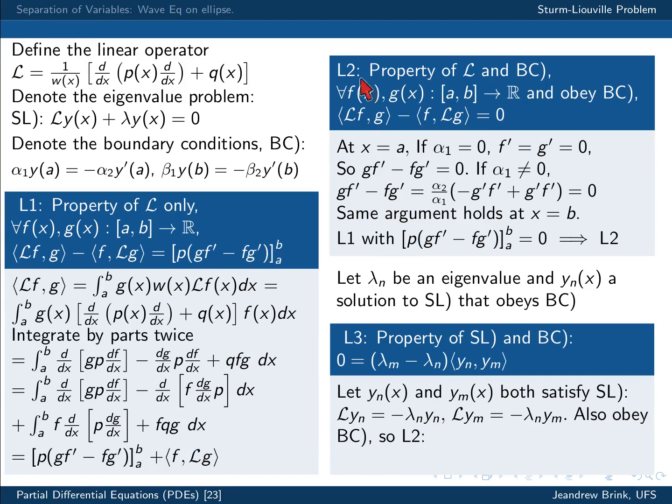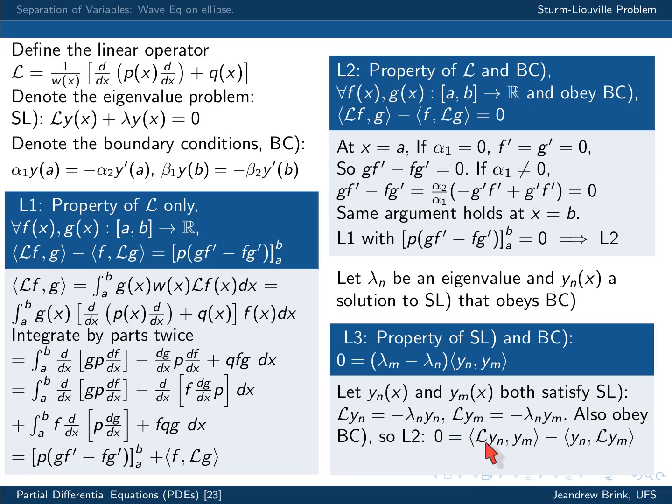we have that these two are equal to 0, with the specific case where f and g are now your fundamental solutions. But you know more about fundamental solutions than just arbitrary functions, because you know that L of yn is simply equal to minus lambda n yn. And minus lambda is just a constant, so you can take it outside of the inner product.